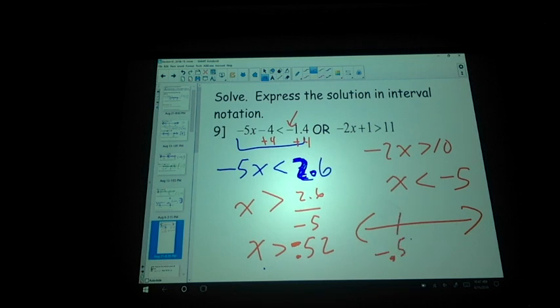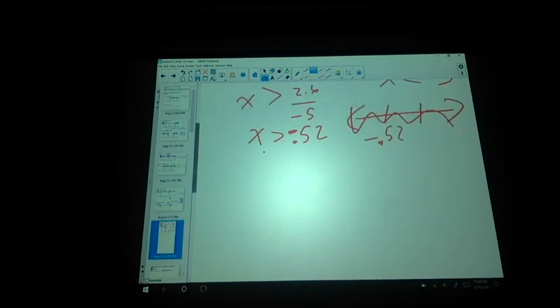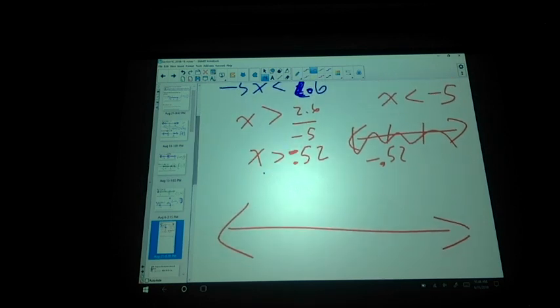Negative 0.52. Oh, wait. I'm going on a different graph than this one. Negative 5's here, 0's here, negative 0.52 is there.